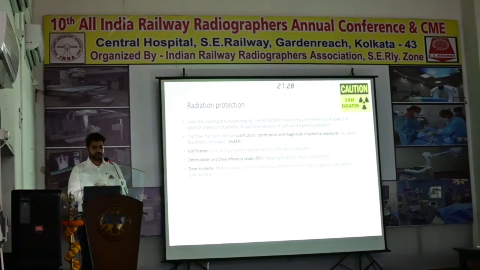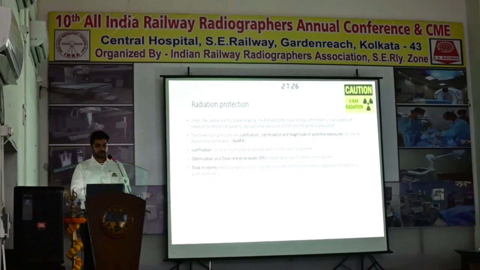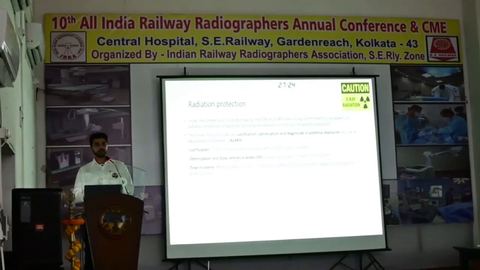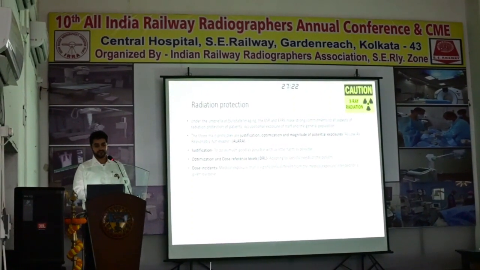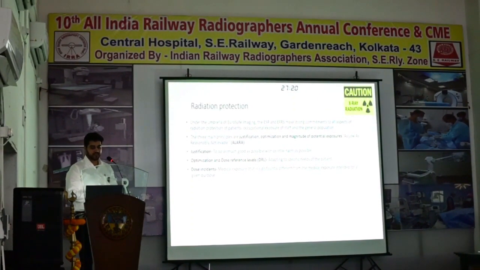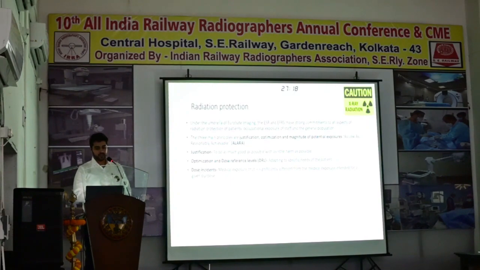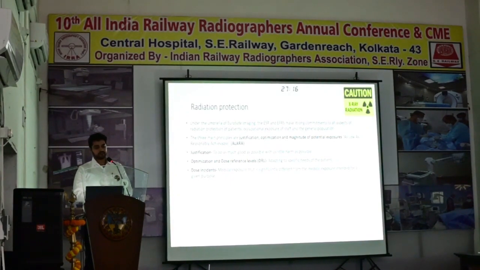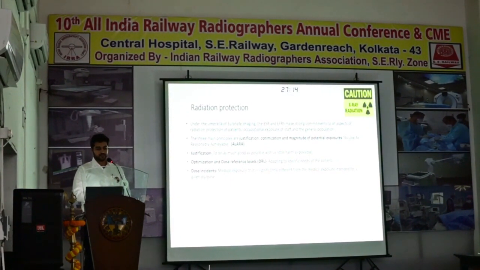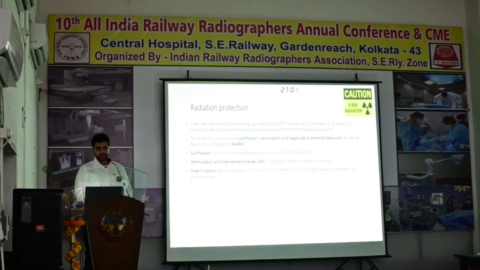What is radiation protection? I think we are all aware of it, but under the umbrella of Eurosafe Imaging, ESR and EFRS have made strong commitments to all aspects. There are three main principles which we have to discuss most of the time before we take up a case for imaging: justification, optimization, that is dose optimization, and limiting the magnitude of potential exposures, which should be as low as reasonably achievable.